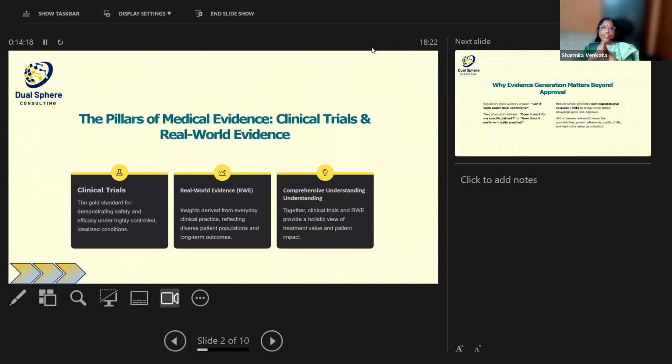It is derived from sources like EHR, insurance claims, disease registries, and even wearable health devices. So, unlike trials, RWE is not about creating perfect conditions. It's about seeing how the treatment works when life is not perfect, right?